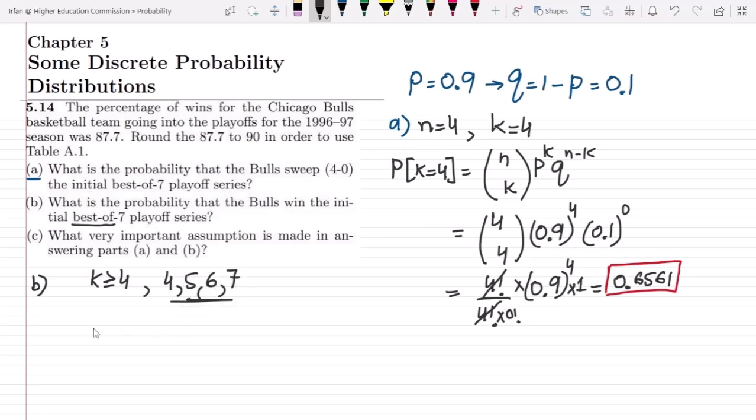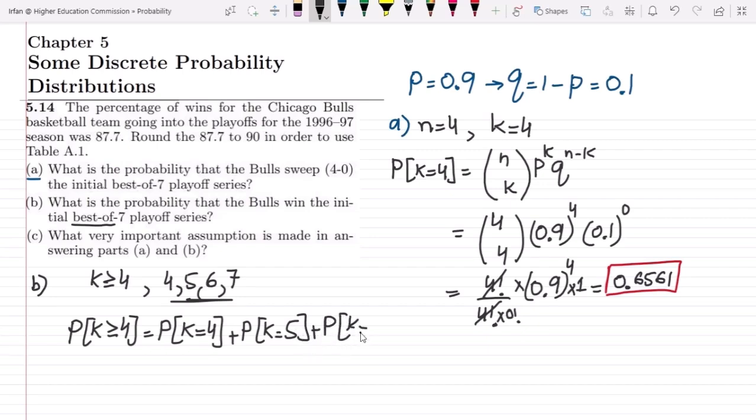So we have to find the probability that k is greater than or equal to 4, which is the probability that k is equal to 4, plus the probability that k is equal to 5, plus the probability that k is equal to 6, plus the probability that k is equal to 7.